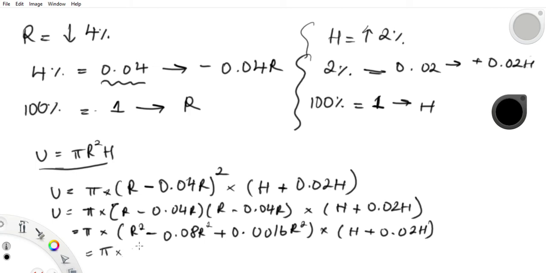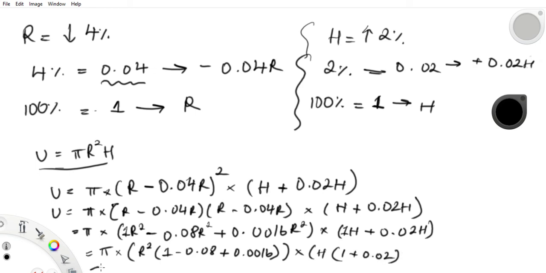Pi times, each of these has an r squared, so we can take r squared out as the common factor and leave the numbers: 1 minus 0.08 plus 0.0016, because those two add together. We can do the same over here with h, taking 1 plus 0.02.